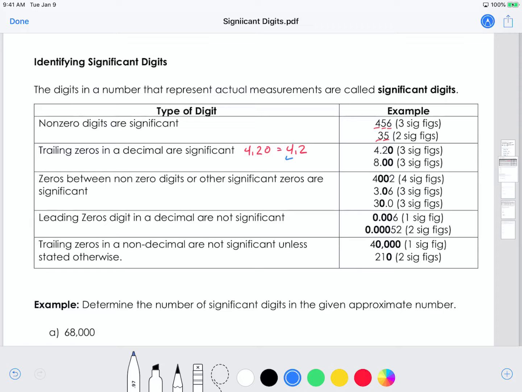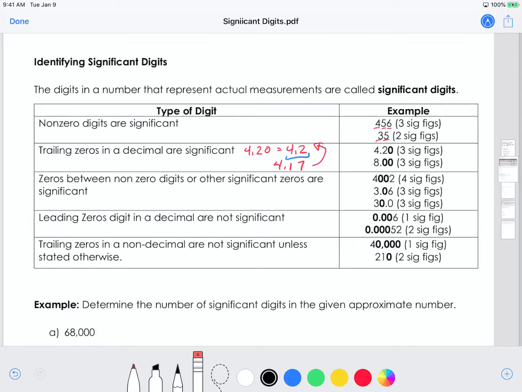Versus if I look at just the 4.2, we don't really know anything about the digit to the right of 2, because 4.2 could have been 4.17 rounded to 4.2. So by putting on that zero on the end, that tells us it was specifically rounded to the hundredths place. So we know that the digit to the right had to have been 4 or less.